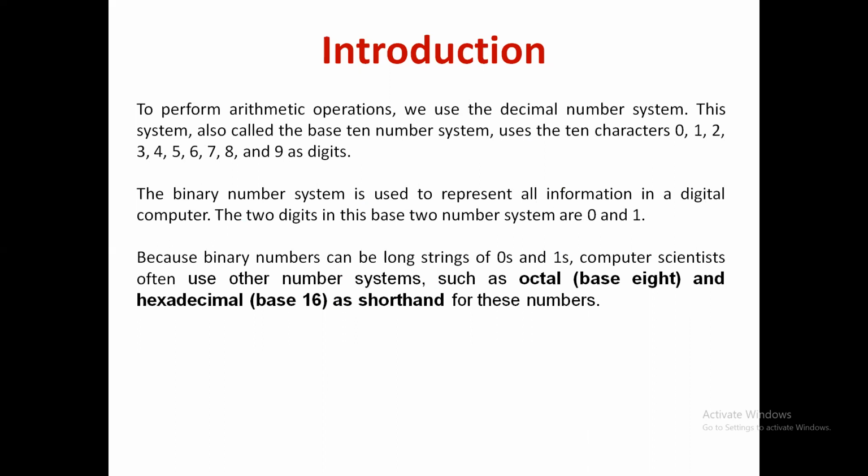Similarly, octal number system uses base 8, which means that the number of digits used in octal number system is 8. And finally, the hexadecimal number system uses base 16, which means that it uses 16 digits, where 0 to 9 are the 10 digits used from decimal number system, and the remaining 6 digits, that is from 10 to 15, are represented by the alphabets A to F. Okay.